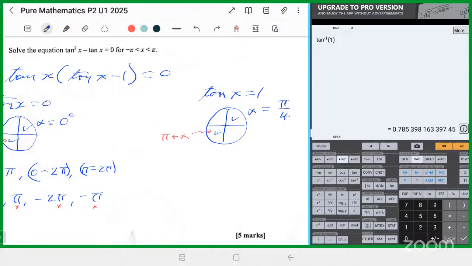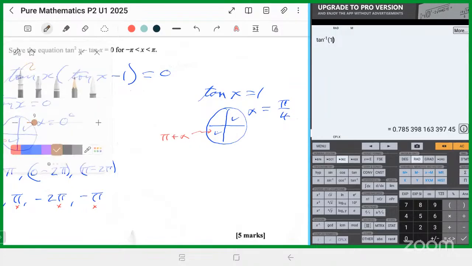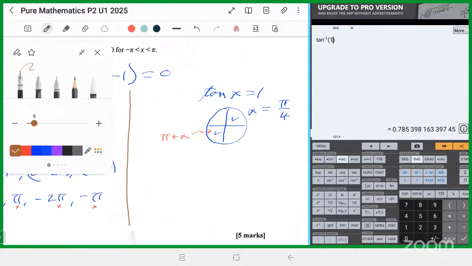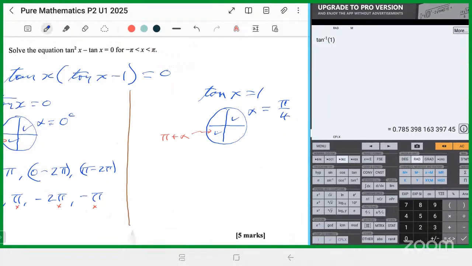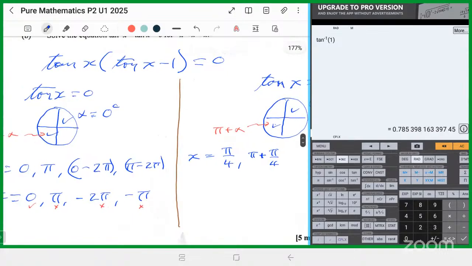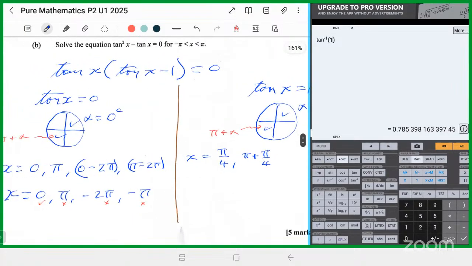So here now, your x will be pi by 4 itself in the first quadrant. And here it's pi plus pi by 4.